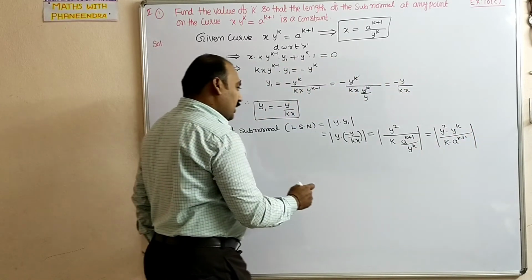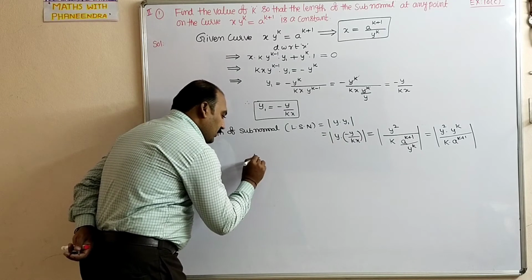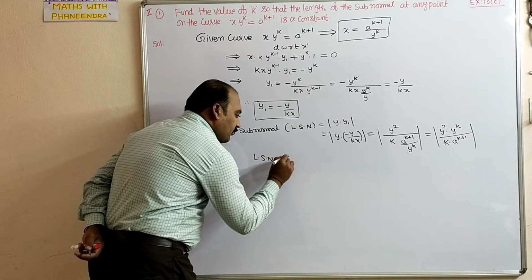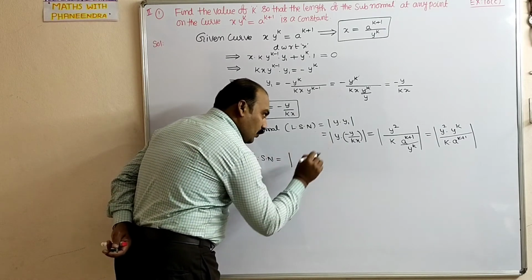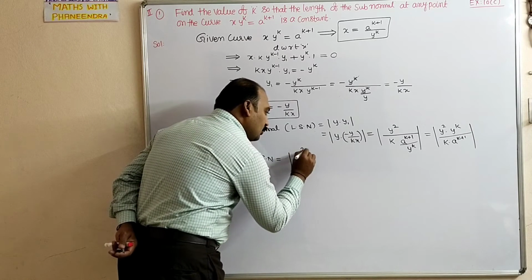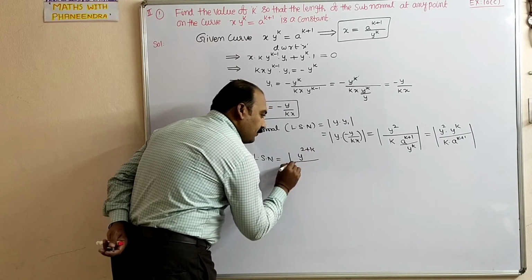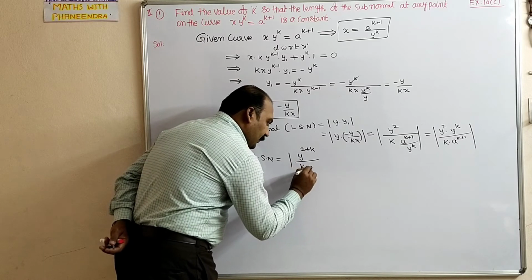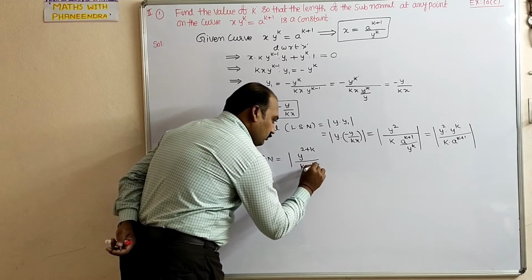Still, if you simplify, the length of subnormal is equal to mod y power 2 plus k divided by k into a power k plus 1.